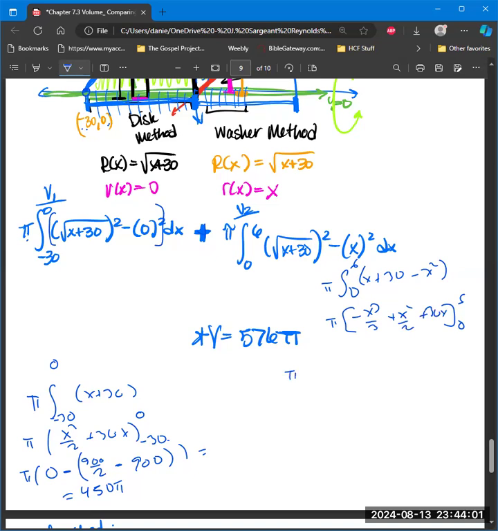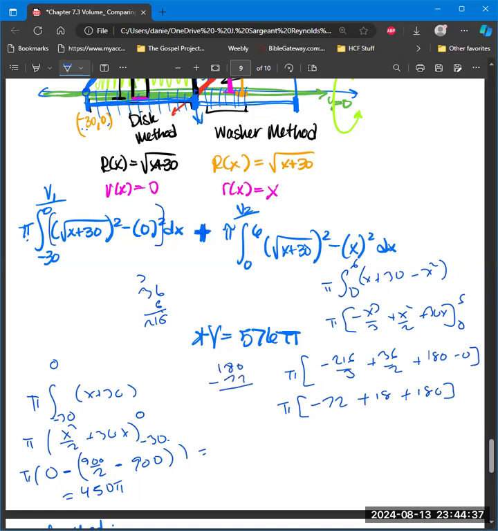So pi, x cubed, so 36 times 6, that's 216 over 3 plus 36 over 2 plus 180. Now that's minus 0. Pi times negative 72 plus 18 plus 180 is 180 minus 72 is 108 plus 18 is 126.